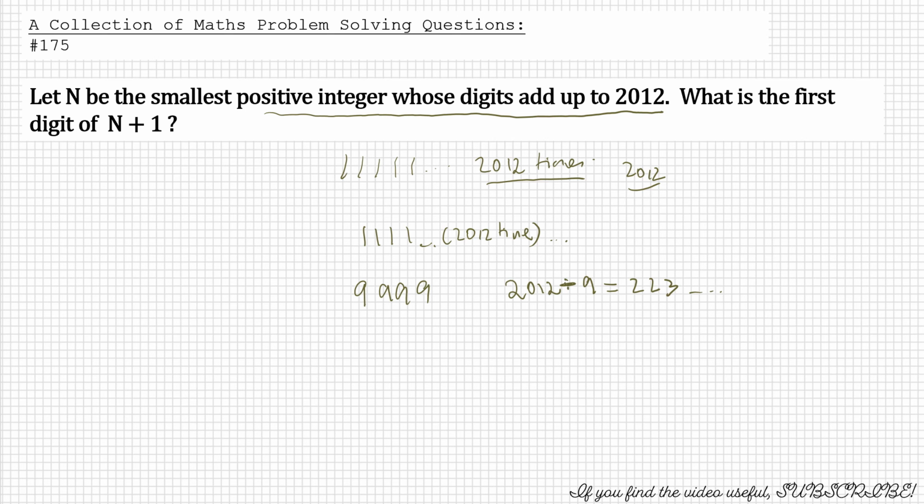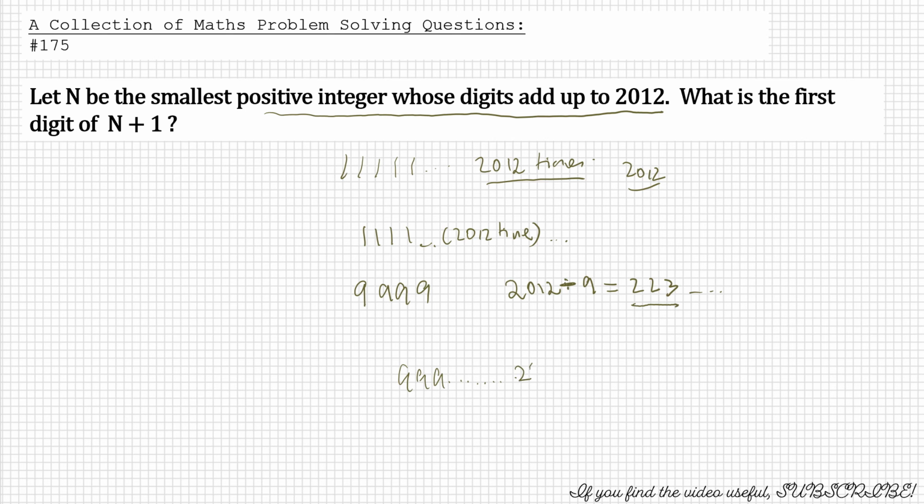So the highest number of 9s you can put in to get closest to 2012 would be 223. So you would write 223 nines, one after the other.